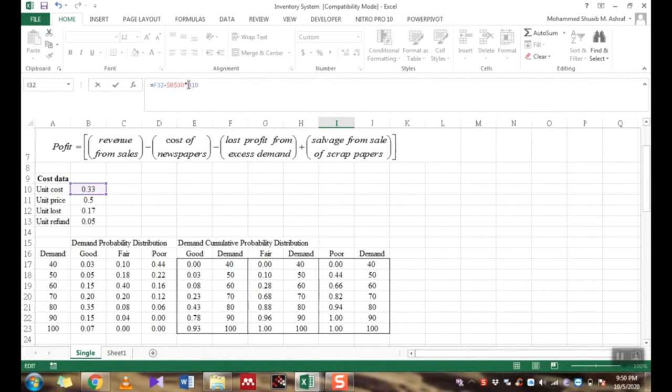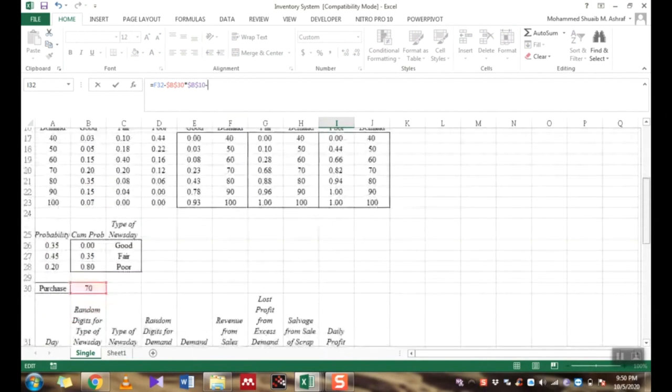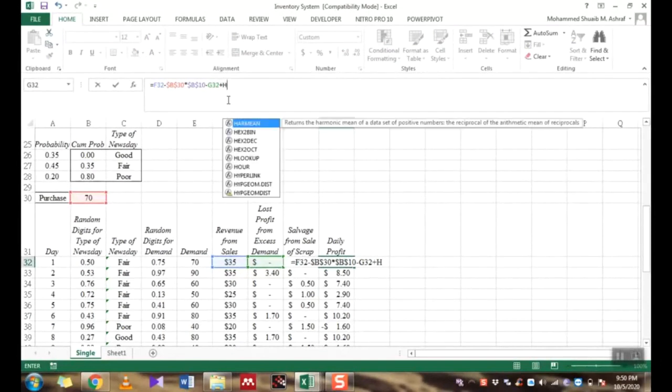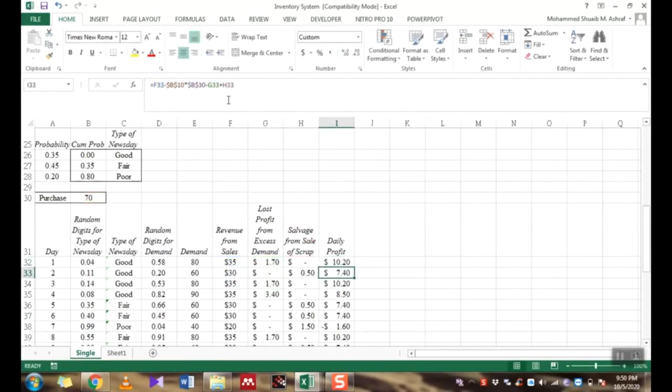The 70 newspapers will be purchased at the cost of 33 cent, minus lost profit from excess demand, plus salvage from the sale of scrap, H32. This is the formula to calculate profit.